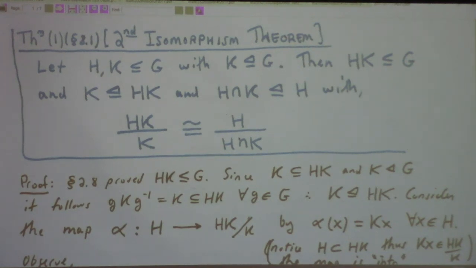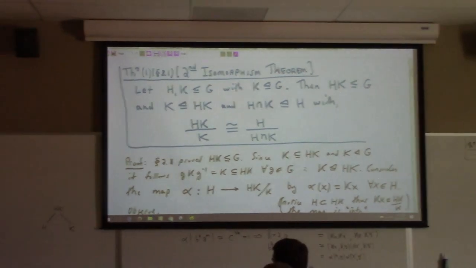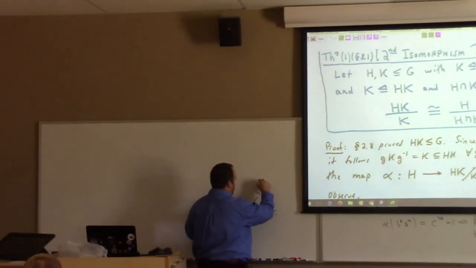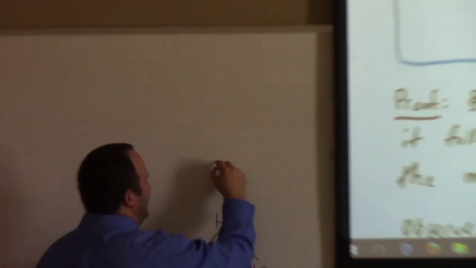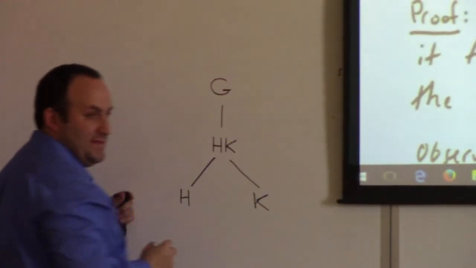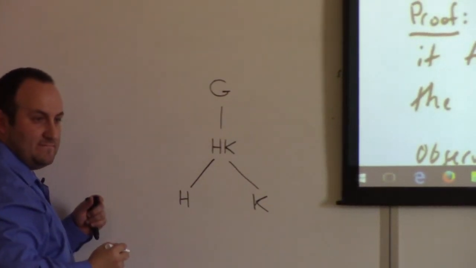Because K is a subgroup of HK, and H is a subgroup of HK, right? So I guess G's not even in the diamond. Oh, I shouldn't have erased that. Oh well. So G is up here, I suppose, in the lattice diagram.